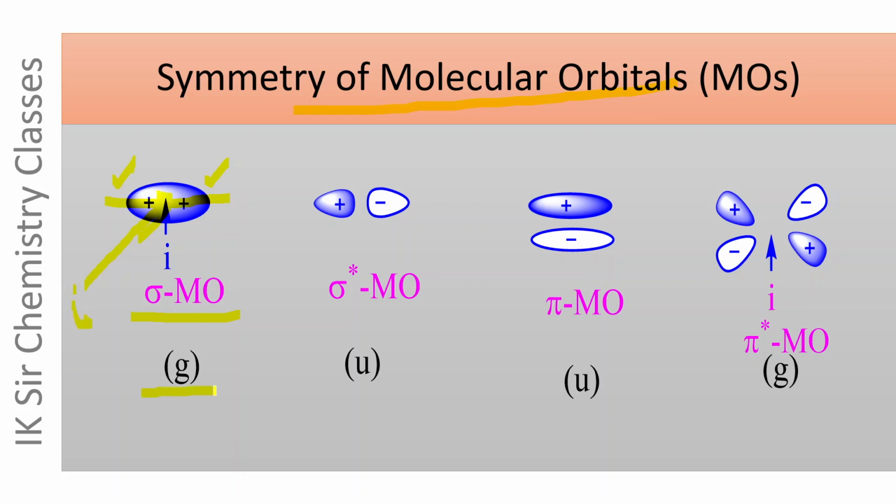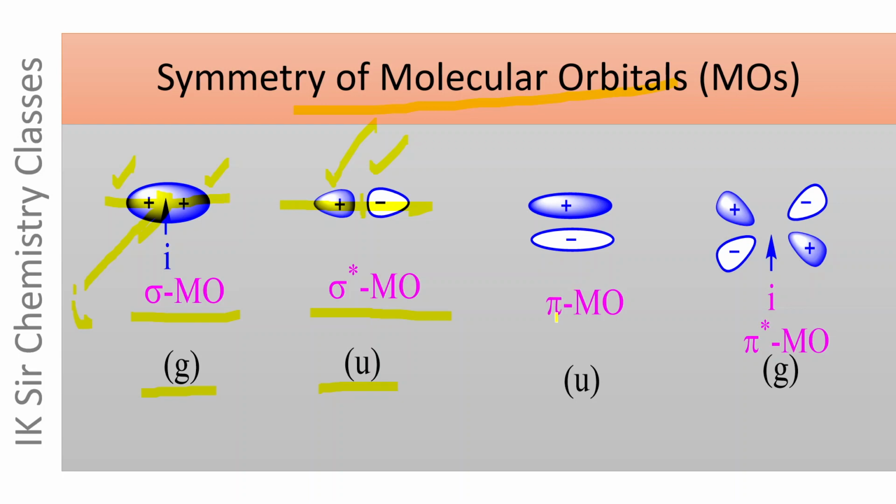It is a gerade molecular orbital. Now what about sigma star, that is the anti-bonding sigma MO? If we pass a line through this point, we get different orbitals on both the sides, and therefore the sigma anti-bonding MO does not contain a center of symmetry. It is an ungerade orbital.